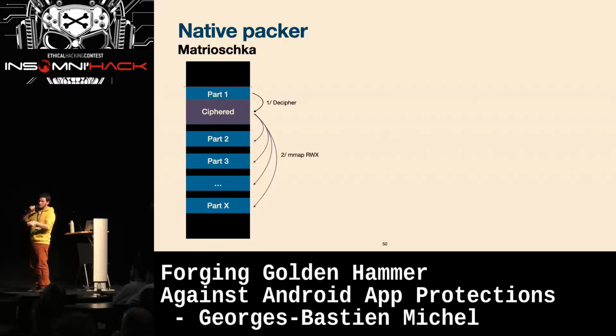And the execution jumps to this new location, and this freshly mapped region also contains another section of cipher data, which is deciphered by this one, and it maps several memory regions.